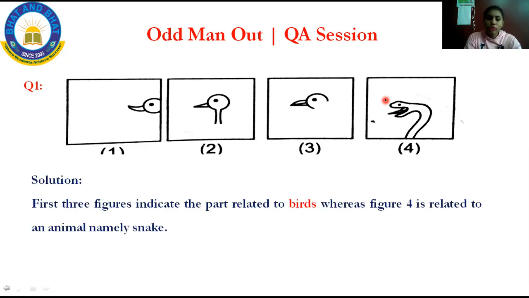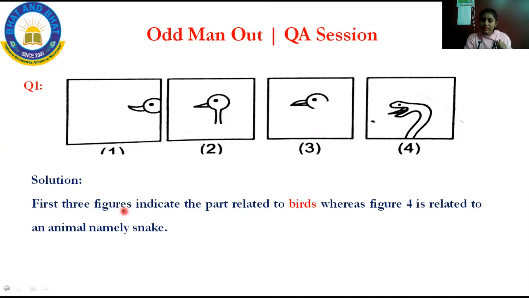We'll compare now. See, the first figure is some part related to a bird. It shows the eyes of the bird, and then some beak. Coming to option 2, it is the neck of the bird, and then the face, and then the beak. And here also it has the eyes of the bird and then the beak. The fourth one is different, it is a snake. Now what is the correct option?